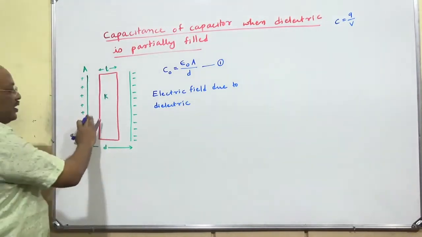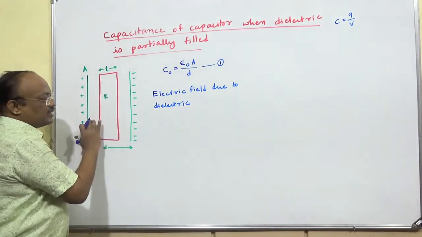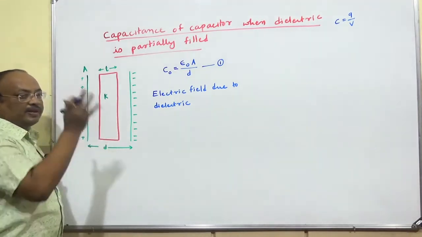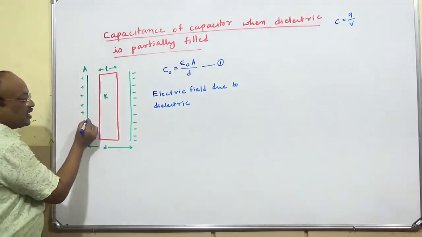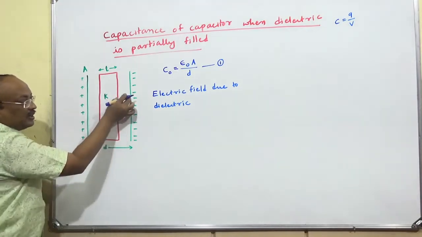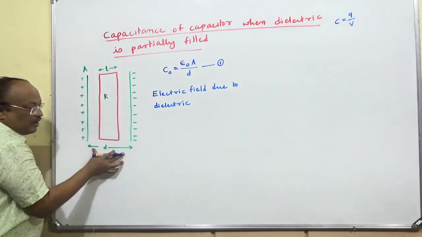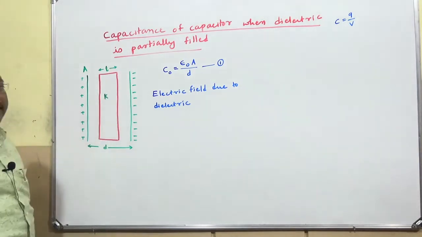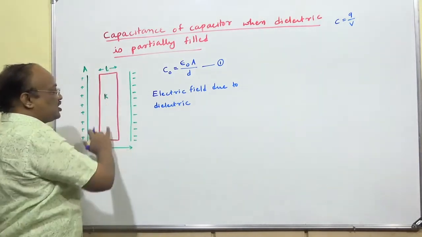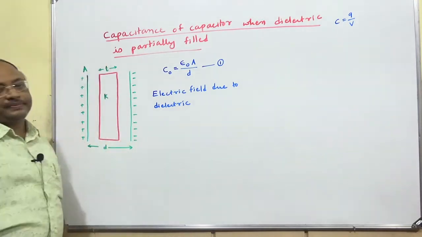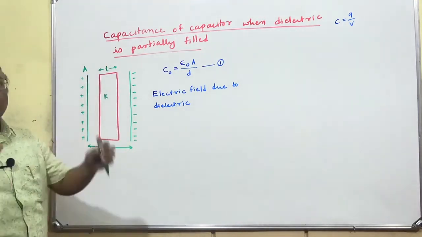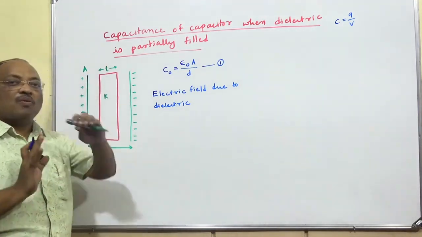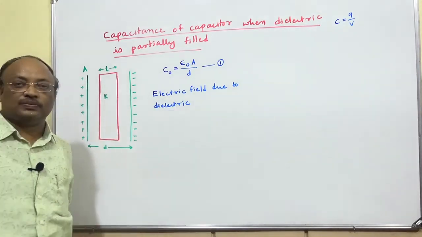Whereas in the remaining space, if T is removed from D, for a distance of D minus T, the electric field will be what it was before.